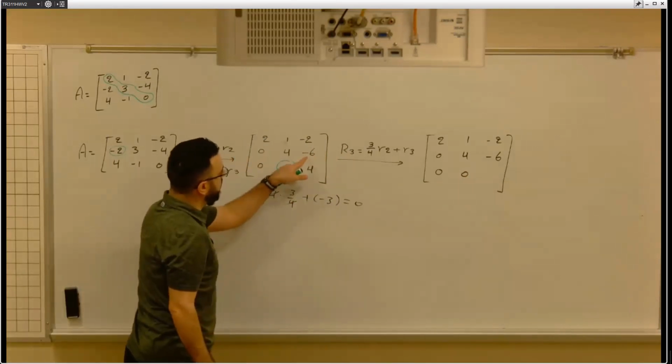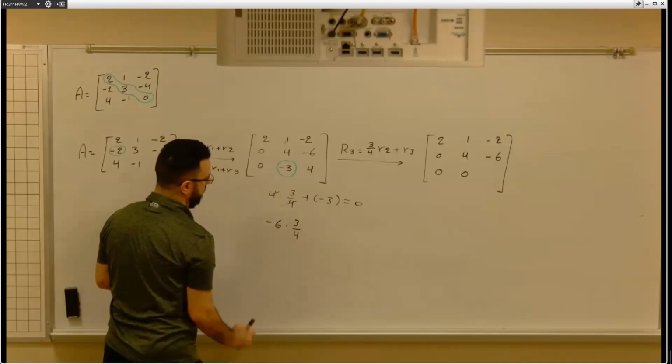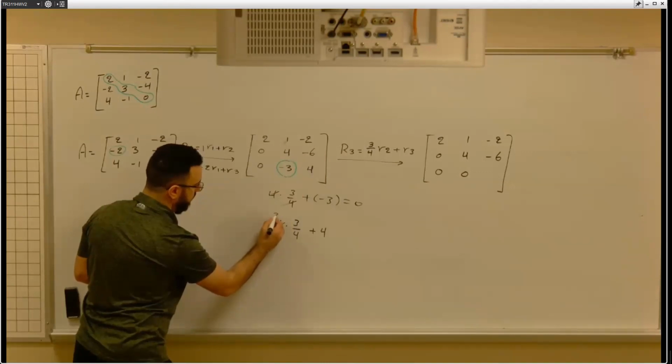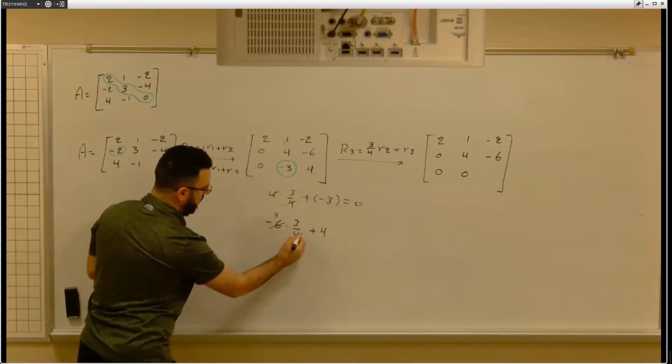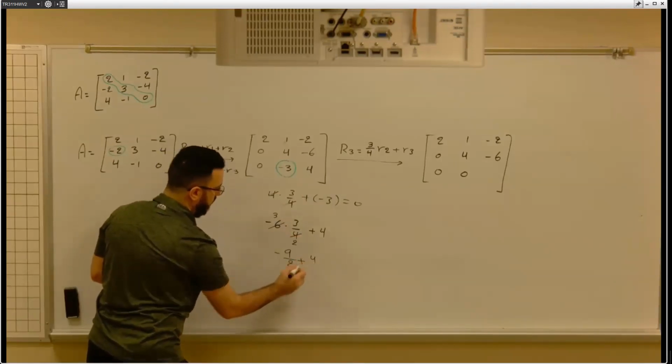Now, if I multiply -6 by 3/4 and add it to the 4, this is going to be 3. And this one is going to be 2. It will be -9/2.